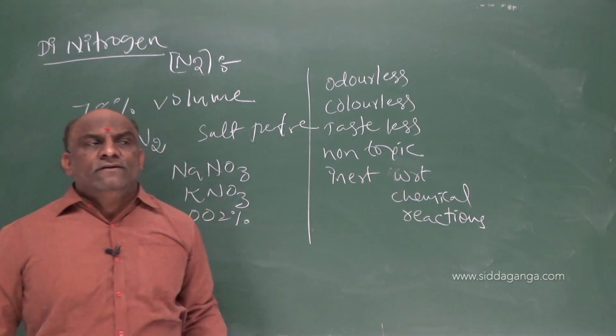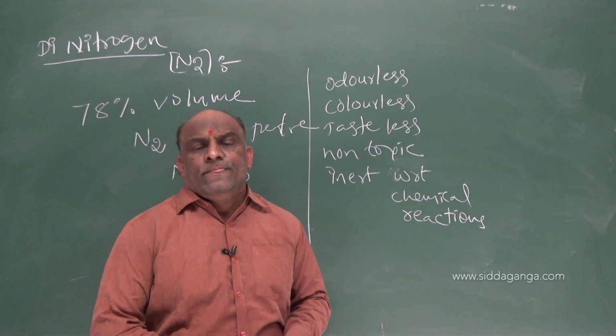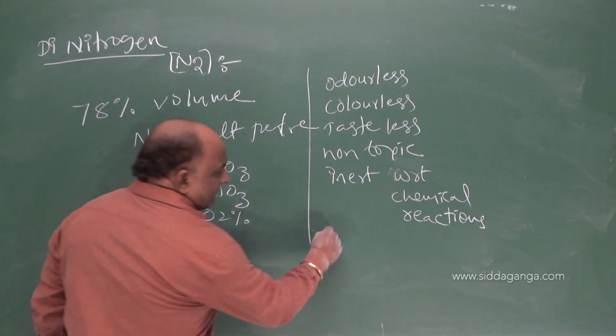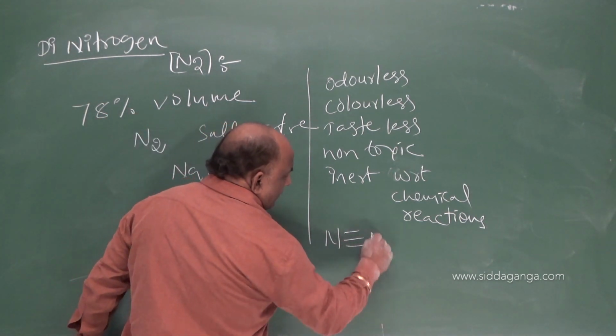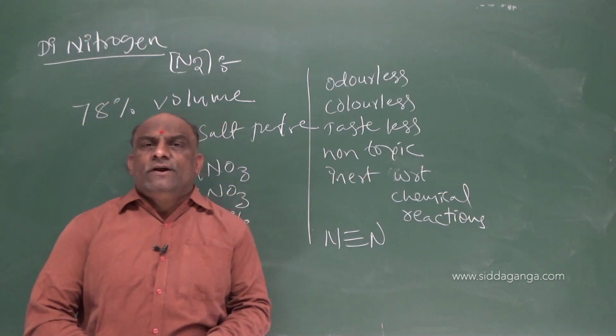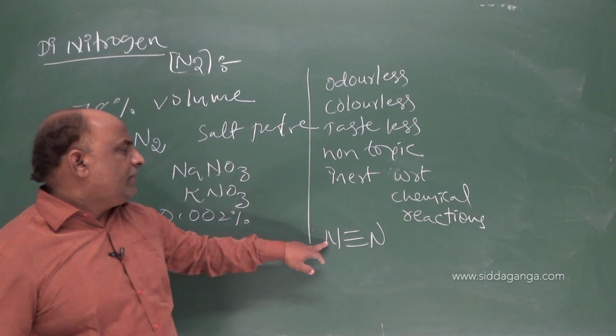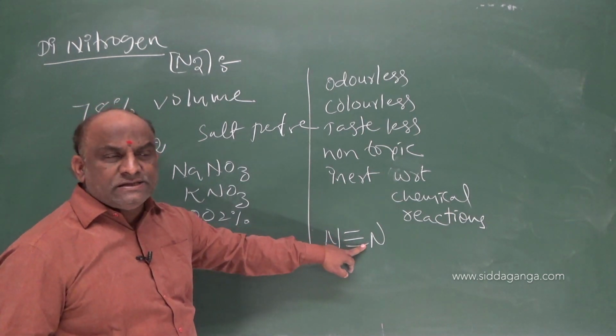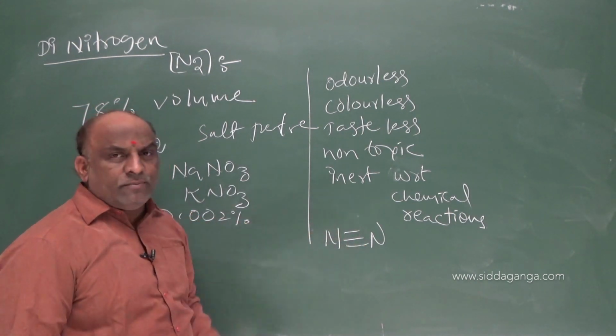Why is dinitrogen inert? What is the reason? N triple bond N, this is the only reason. Between two nitrogen atoms a triple bond takes place, one sigma bond and the remaining two pi bonds.